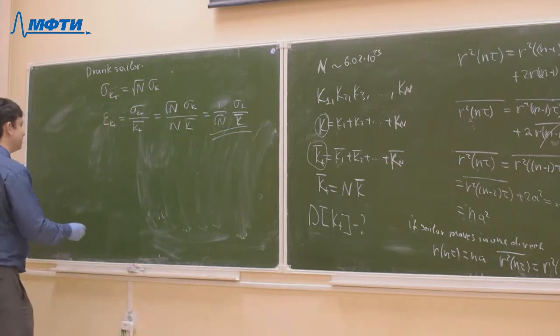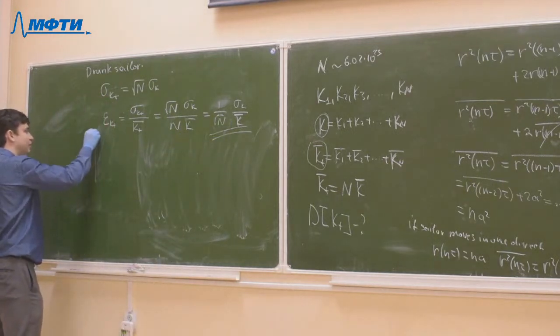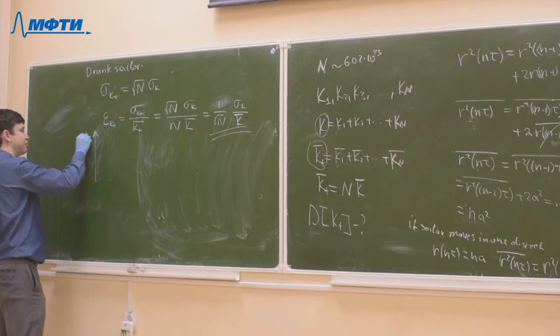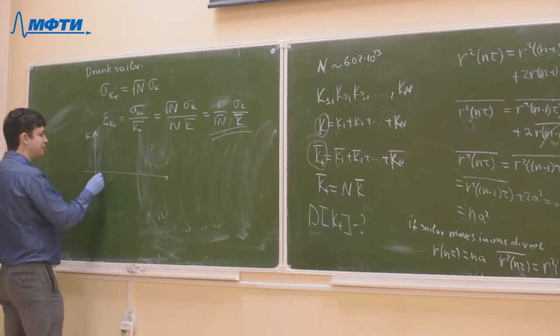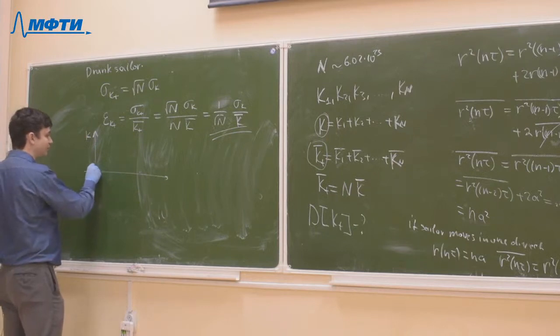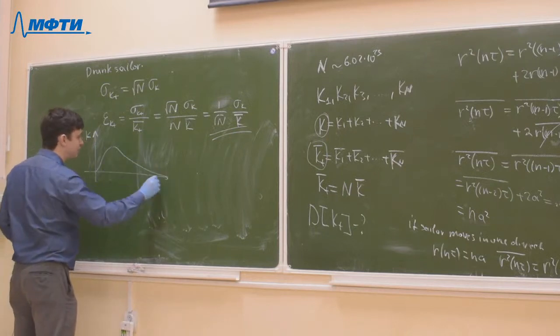So you can say that if the initial probability density of the kinetic energy of each particle, let's assume it looks like this.